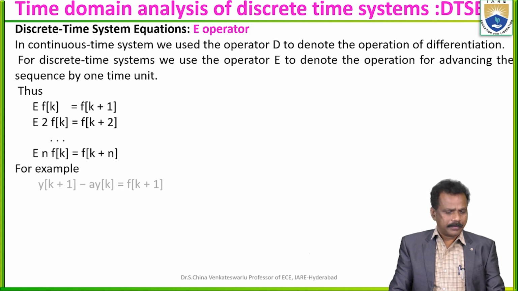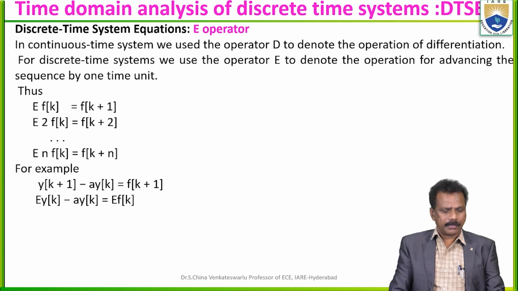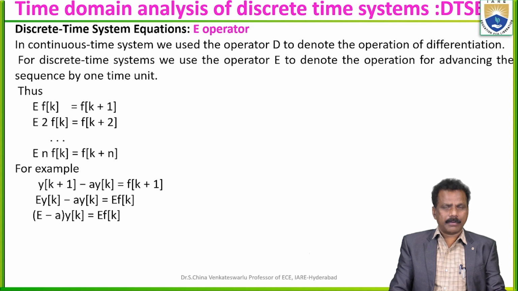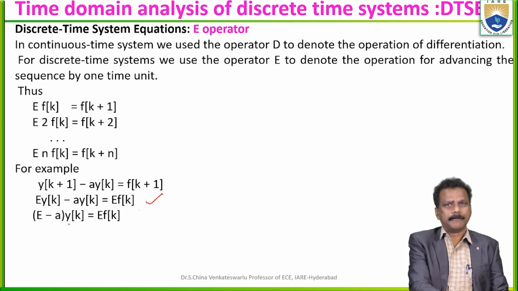For example, we analyze y of k plus 1 minus a into y of k is equal to f of k plus 1: E y of k minus a y of k is equal to E into f of k, that is, E minus a into y of k is equal to E into f of k.